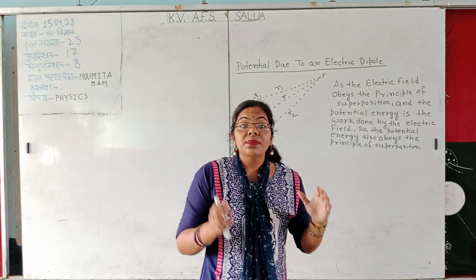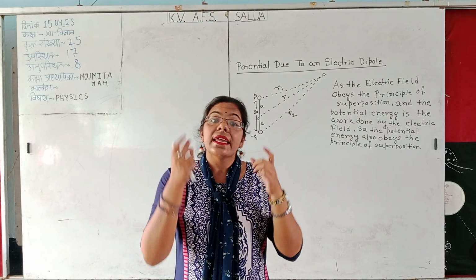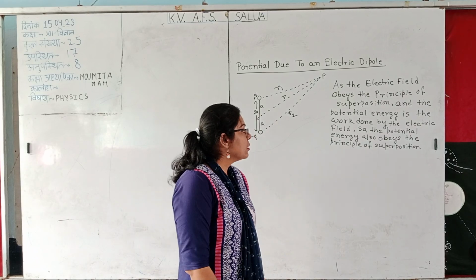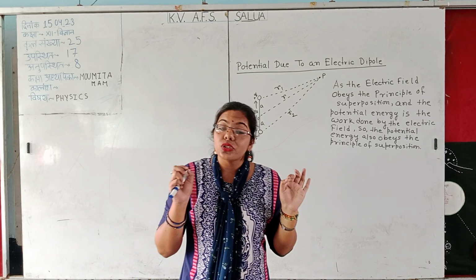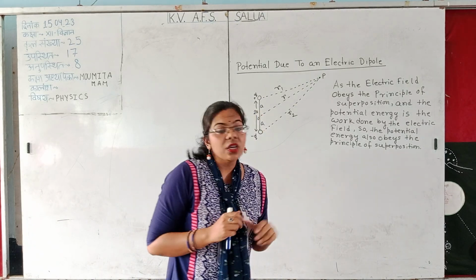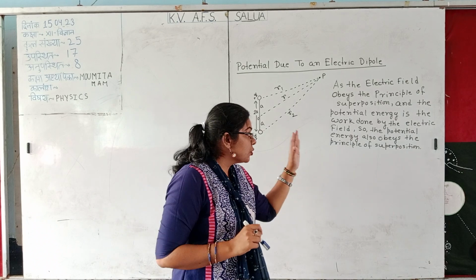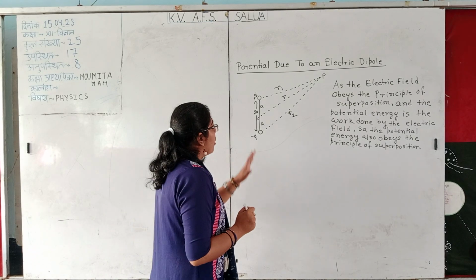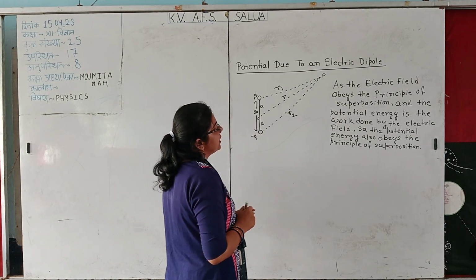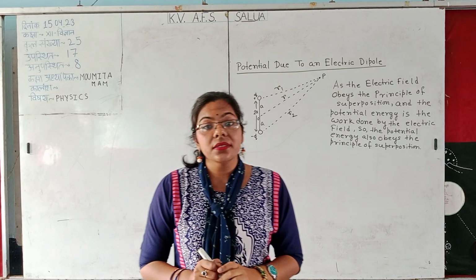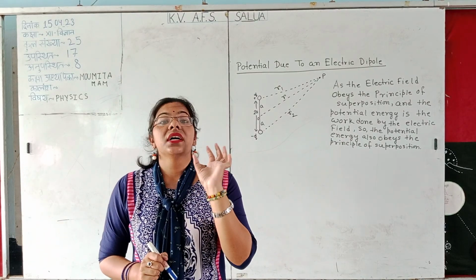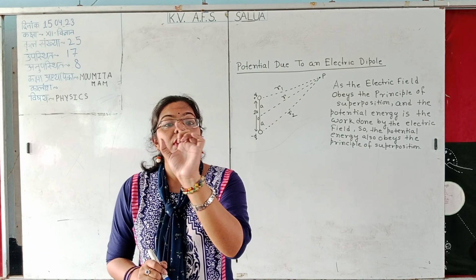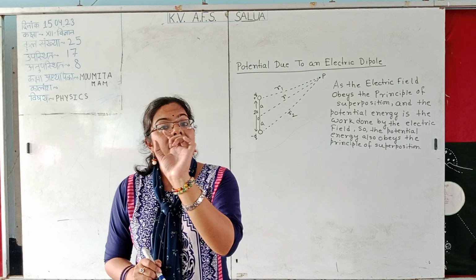As the electric field obeys the principle of superposition and electric potential is the work done by the electric field, the potential also obeys the principle of superposition. So the potential of an electric dipole is the sum of the potentials of the charges individually, positive q and negative q.